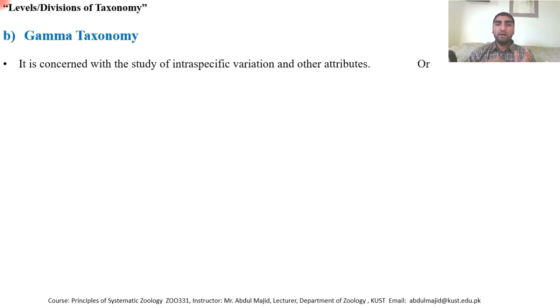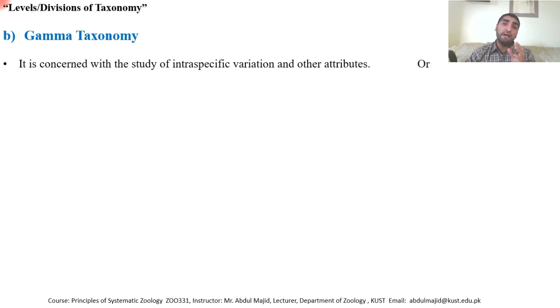Before gamma, we were talking about the species, but when you go inside the species, when you dig out the differences, the different varieties, the different variations inside a population, inside a species, then you are studying at gamma level.